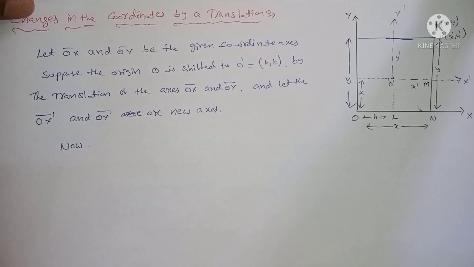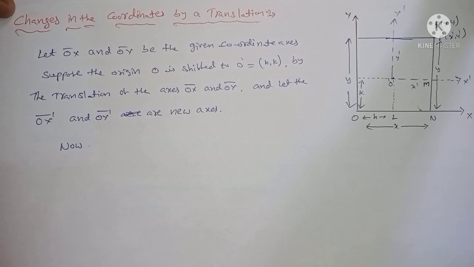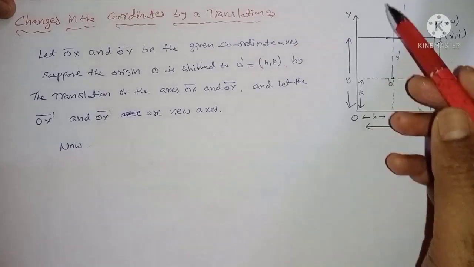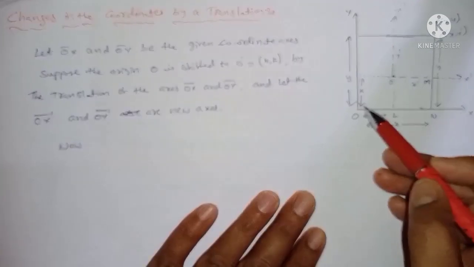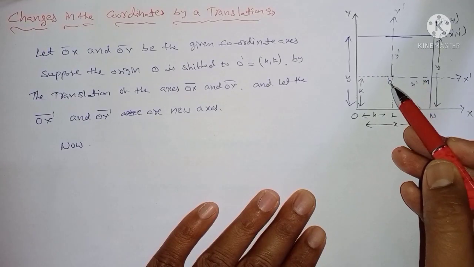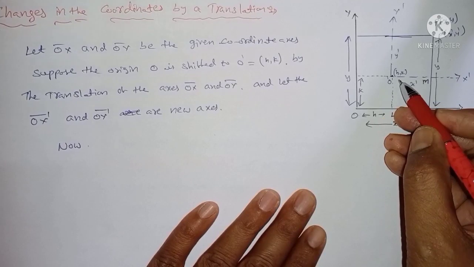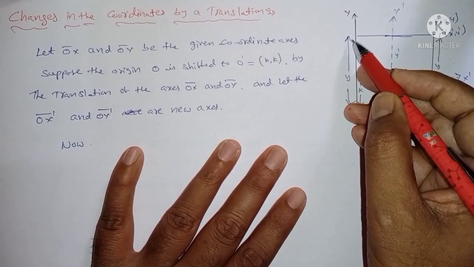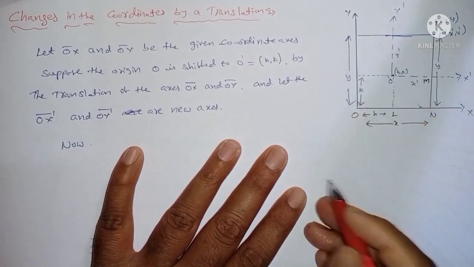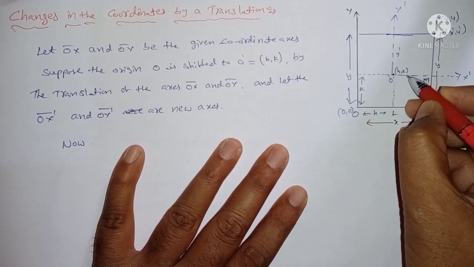Next, change in the coordinates by the translation. Listen, in the figure, let Ox and Oy be the initial coordinate axes. Next, the origin is shifted to O dash, where O dash is equal to (h, k).